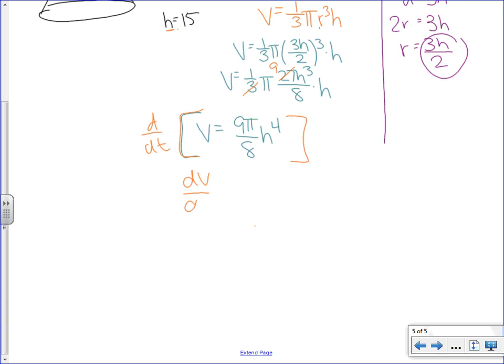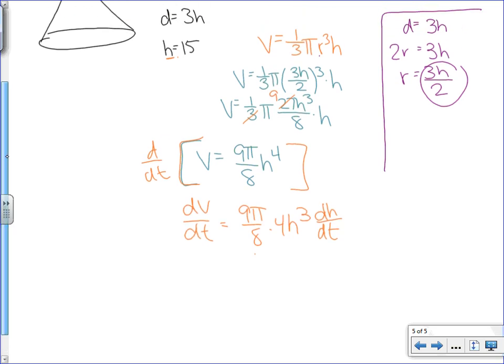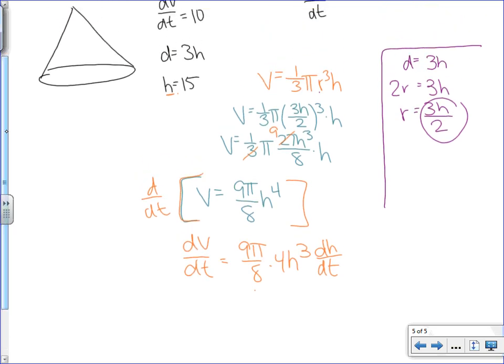So now we have dv dt, and 3 pi over 4 is just 3 pi over 4. Carry it down because it's constant, and then this is going to be 3 times h squared dh dt. And now we can plug in what we know, which is hidden up there. Okay. So that's 10 is equal to 3 pi over 4 times 3 times 15 squared, and I want dh dt.